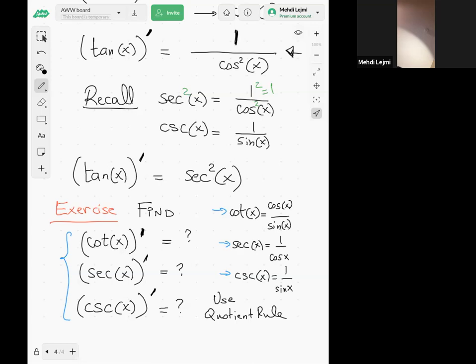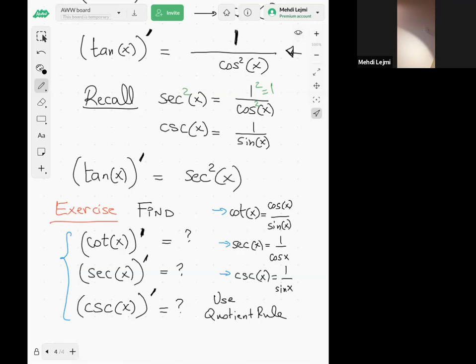And any guess for secant of x? What would be the derivative of secant of x? Yes, Elias, absolutely, very good.